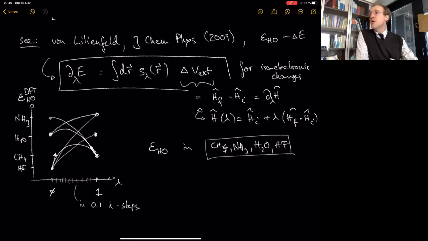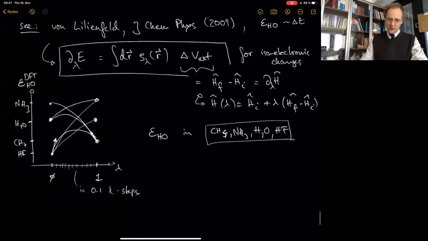The idea, though, to interpolate nuclear charges, which implies interpolations in chemical composition, was proposed already much earlier.